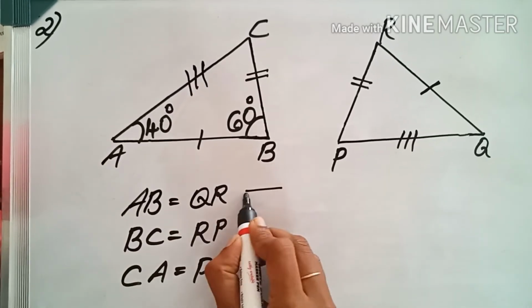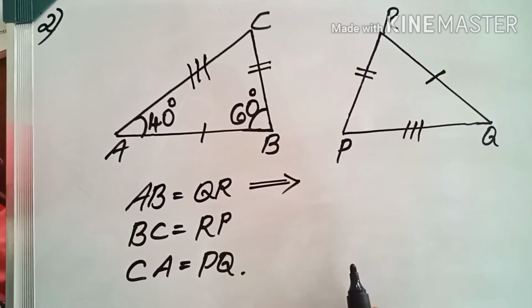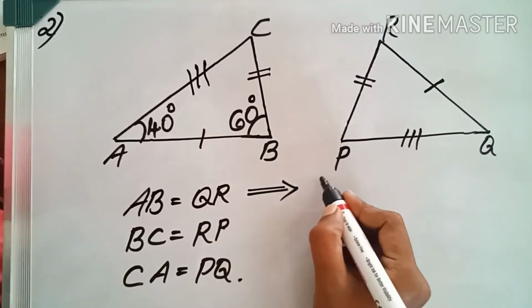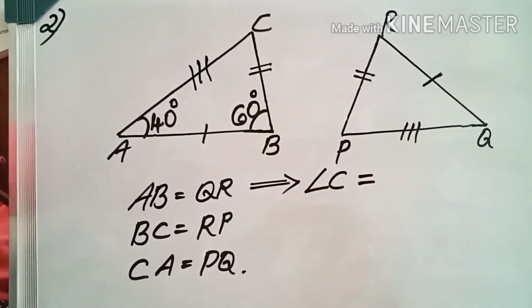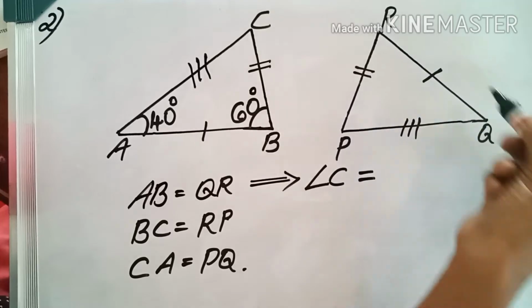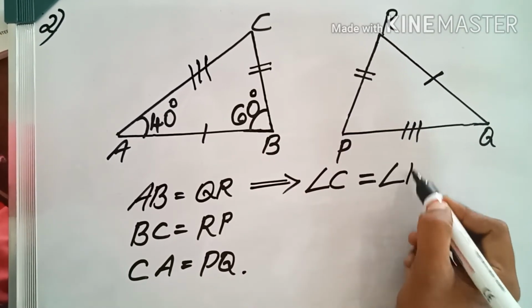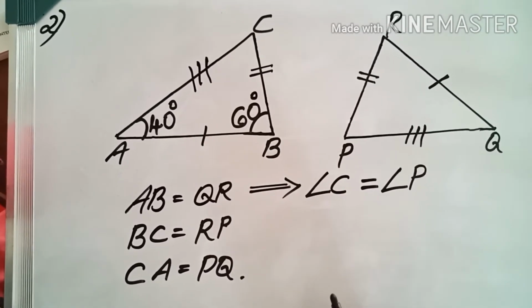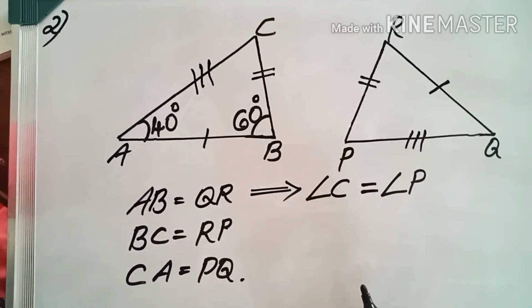Since AB and QR are equal, their opposite angles will be equal. AB's opposite angle is angle C. So angle C will be equal to QR's opposite angle. QR is here. QR's opposite angle is angle P. So angle C and angle P will be equal. We don't know the angle yet that we can find, but anyway, angle C and angle P will be equal.